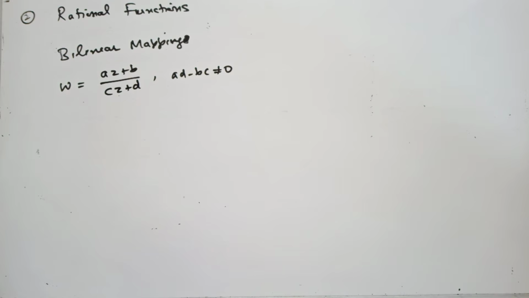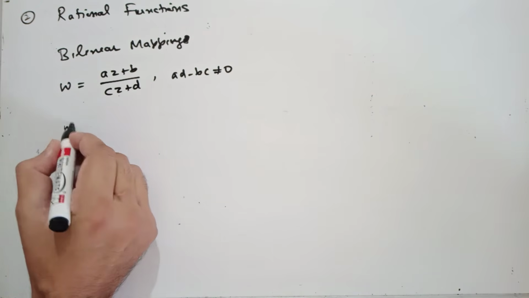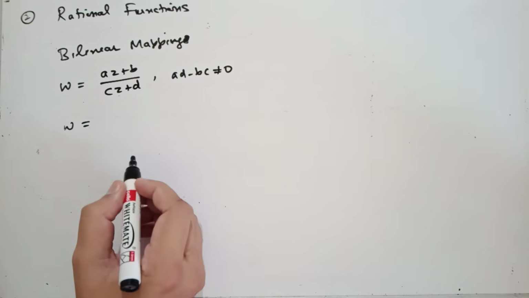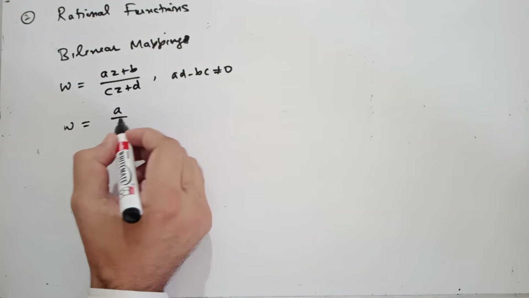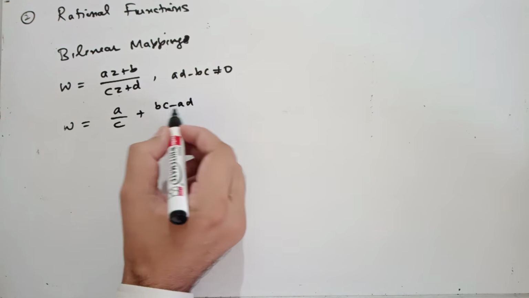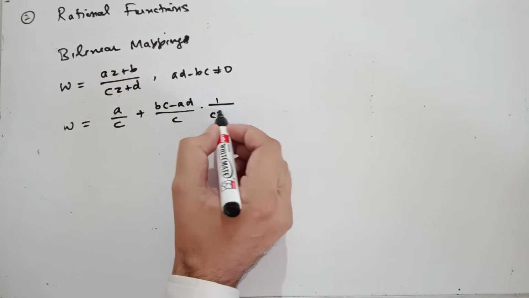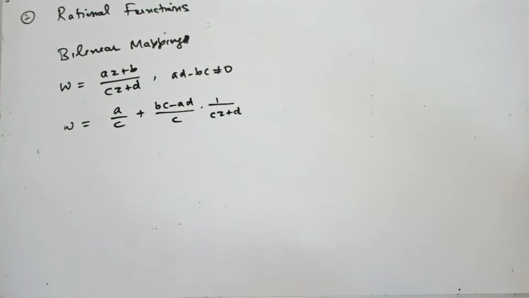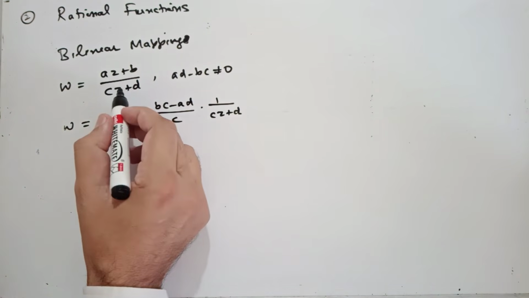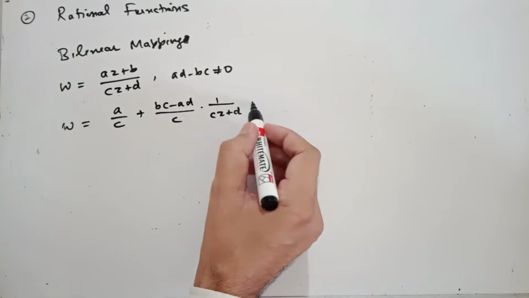Now why this AD minus BC should be non-zero? See, I can write W equal to A over C plus BC minus AD over C into 1 over CZ plus D. If I divide the numerator by denominator, I can write W in this form.